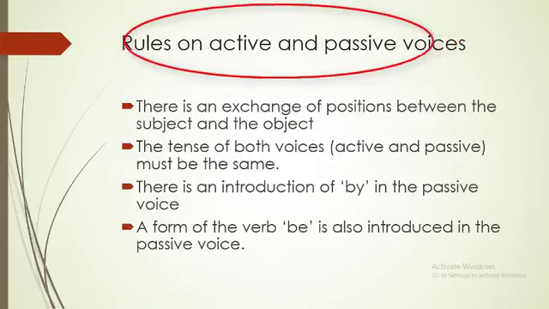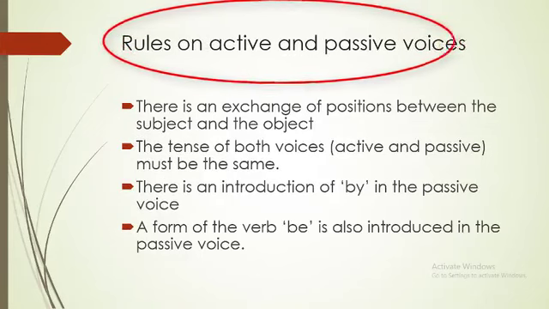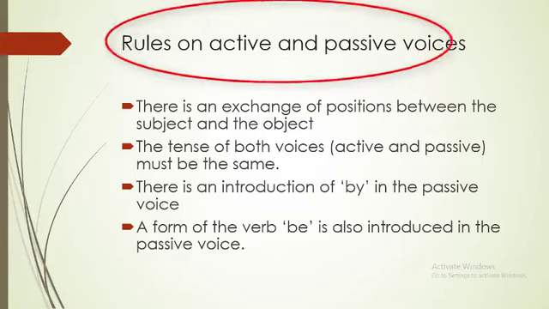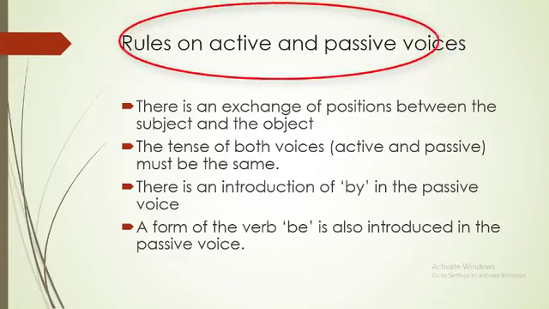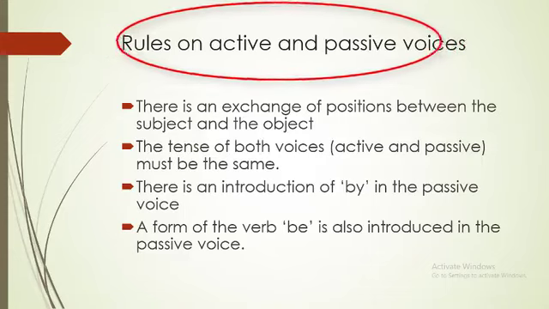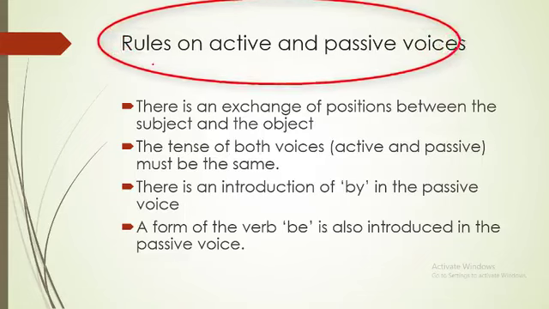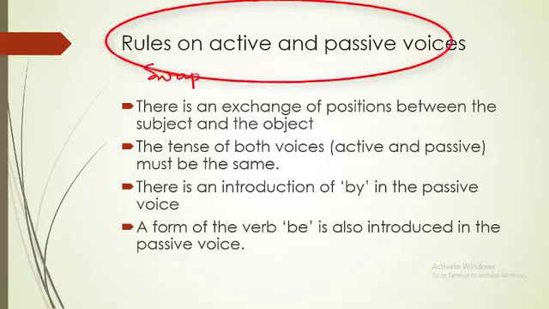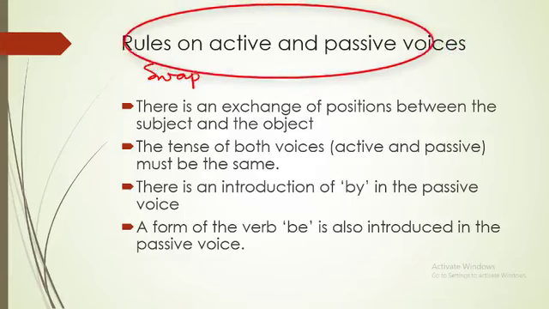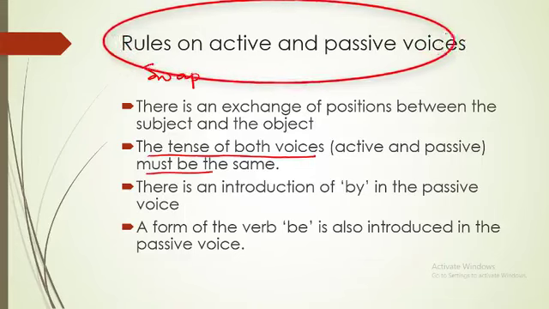Now here are the rules we must observe when changing from active voice to passive voice. Number one, there's a swap of positions between the subject and the object. Then also the tense of both voices must be the same.